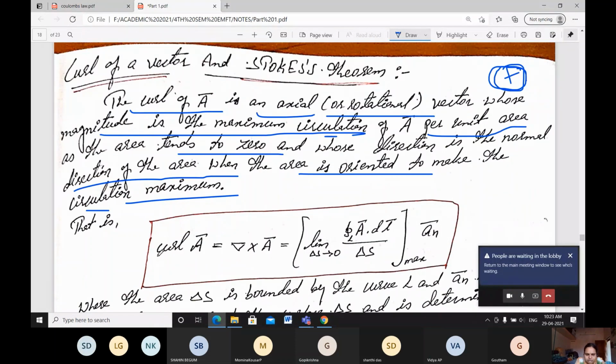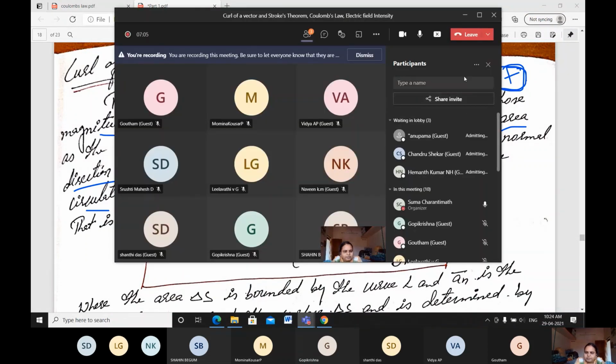The curl of a vector we can write as curl of vector A, or del operator cross vector A, is going to be the limit where our delta S area tends towards 0, as we already took in the previous case also.